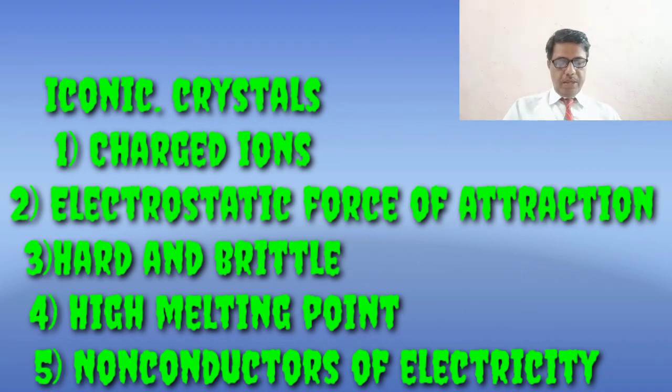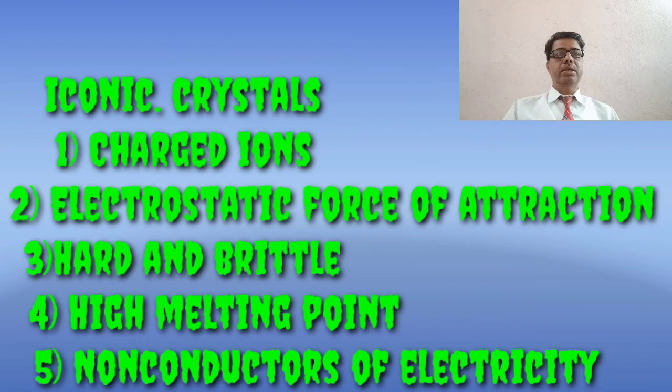Now, the third property: ionic crystals are hard and brittle, and they have high melting points. First, they are hard in nature, and second, they are brittle. If we apply stress, they change their structure or deform before rupturing. Before breakdown, the ionic crystals deform their structure or go into different structures.